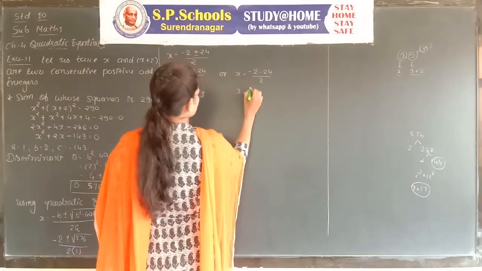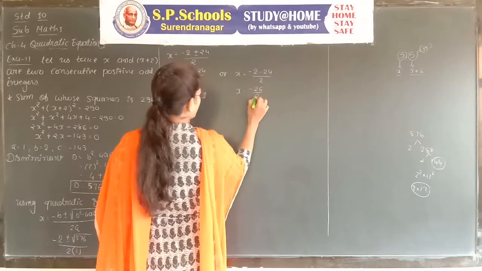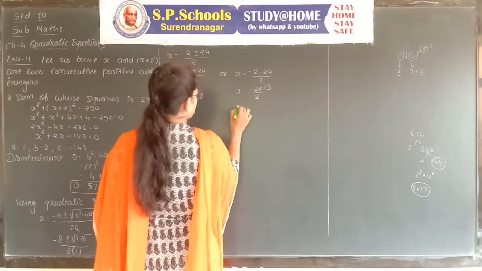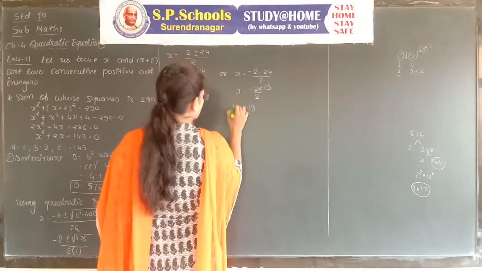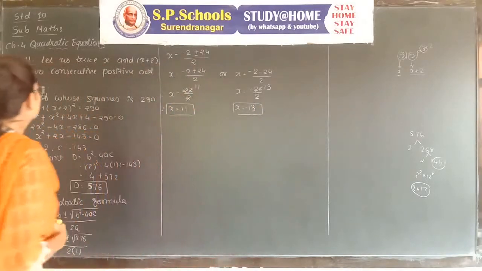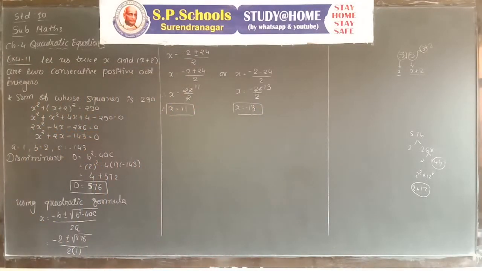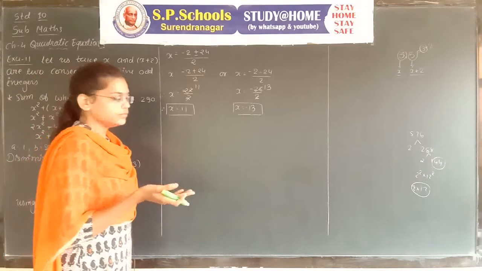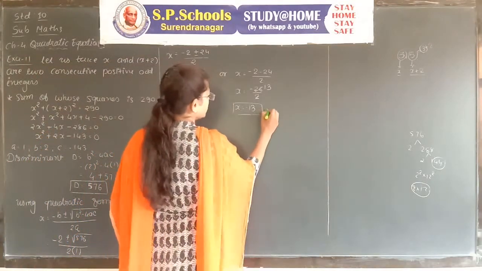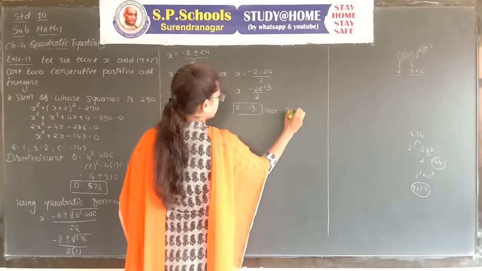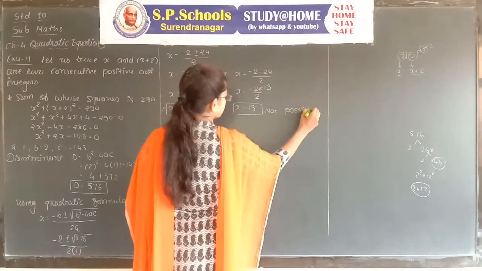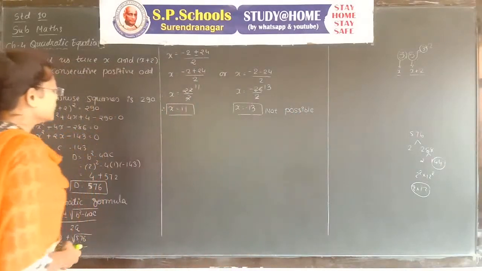X is equal to minus 26 upon 2, which gives minus 13. The question says two consecutive positive integers, and this one is negative, so it is not possible. So x is equal to 11.